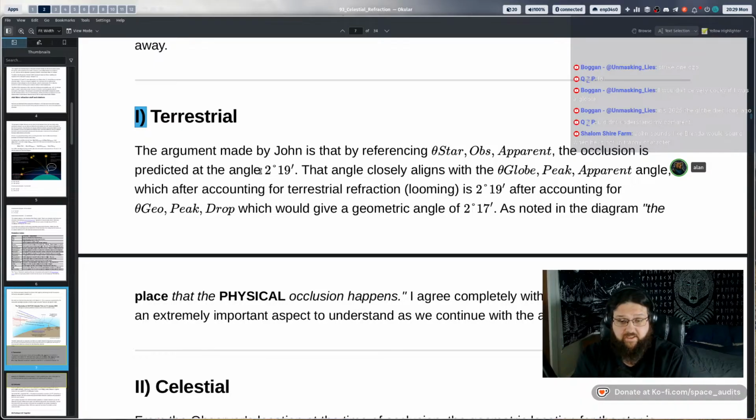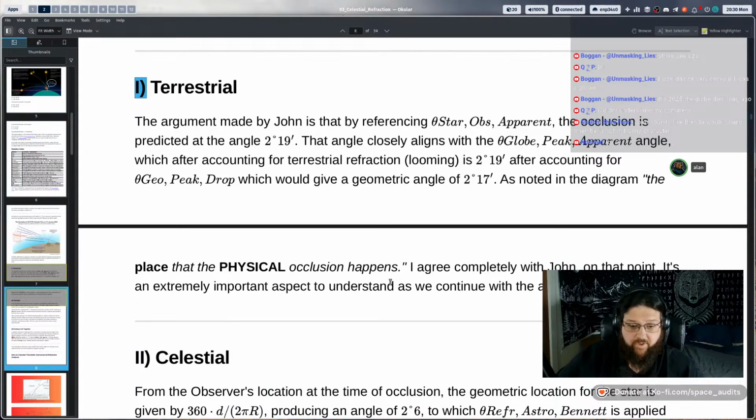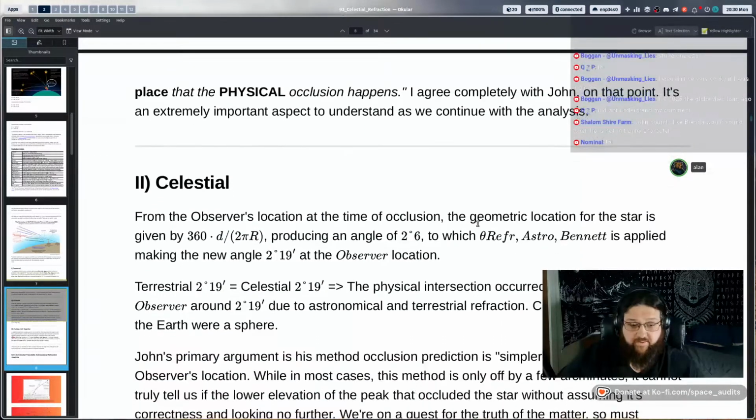That angle closely aligns with the geometric globe apparent peak angle, which, after accounting for terrestrial refraction, comes to 2°19' because the raw angle is 2°17'. As noted in the diagram, the place that the physical occlusion happens is something I completely agree with, and that's extremely important to understand as we continue the analysis.